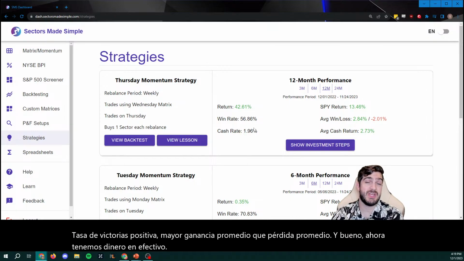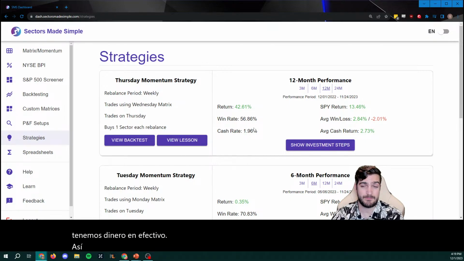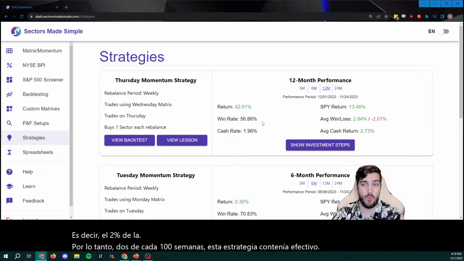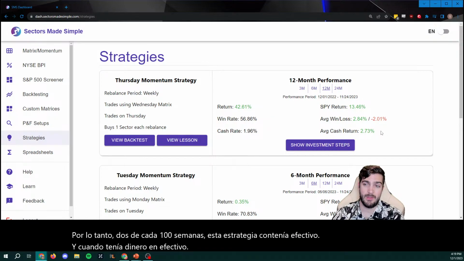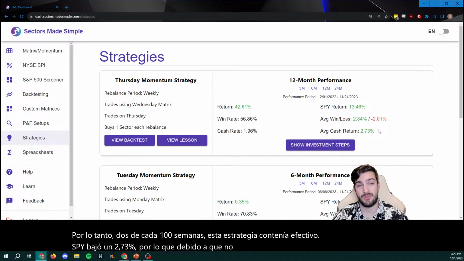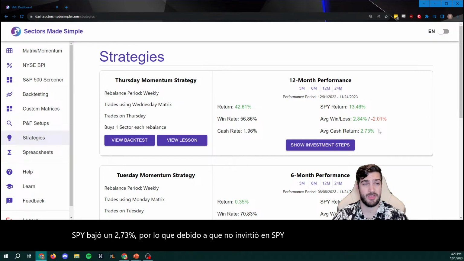So 2% of the time, so 2 in every 100 weeks, the strategy held cash. And when it held cash, SPY went down by 2.73%. So, because you didn't invest in SPY that week, you saved 2.73% of your profits.